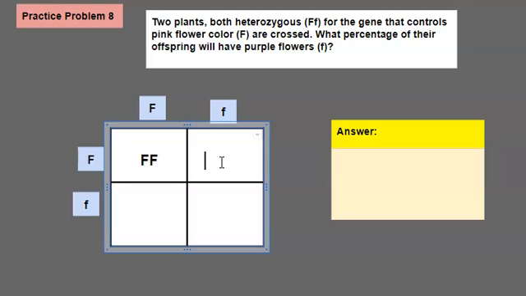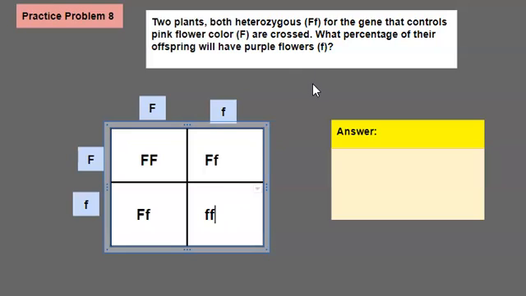I'm going to do the same thing over here. I'm going to bring my little f down. Oh, but I have a big F to bring over, so I'm going to put it first. So that makes it easier to read the Punnett square. Here I have a big F. Here I have a little f that I'll bring over. Oh, there we go. And over here I have little f and little f, so that's two little f's.